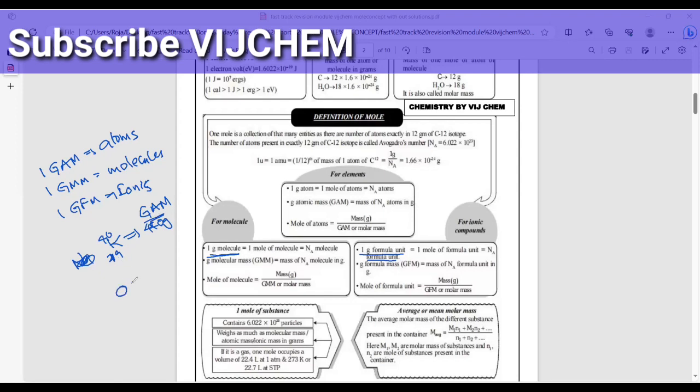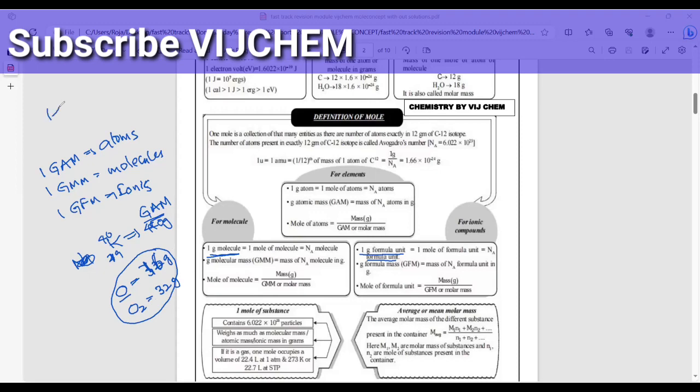Same way for oxygen, the gram atomic mass is, sorry, 16, and oxygen gram molecular mass is going to be 32. That is the difference. GAM of oxygen is 16 grams, GMM of oxygen is 32 grams.